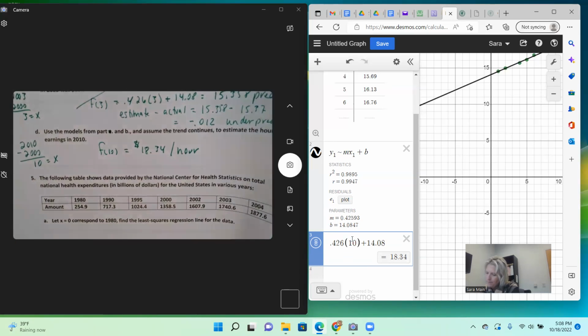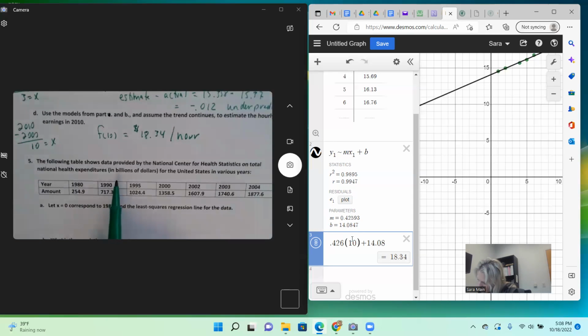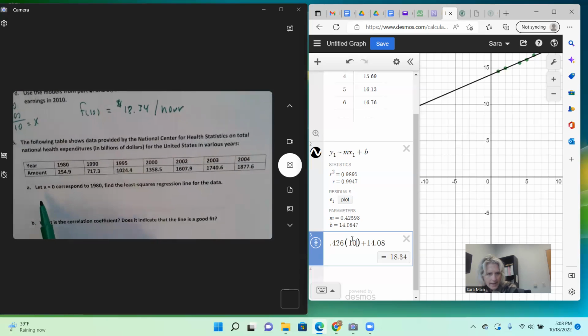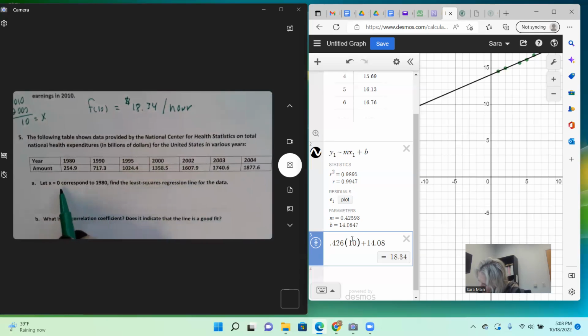So question 5 says, the following table shows data provided by the National Center for Health Statistics on total national health expenditures in billions of dollars for the United States in various years. Part A says, let X equal to 0 correspond to 1980. Find the least squares regression line for the data. So 0 is 1980.